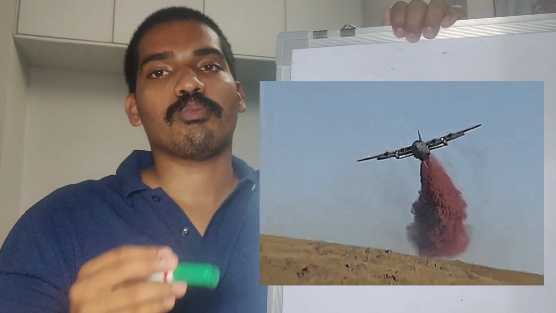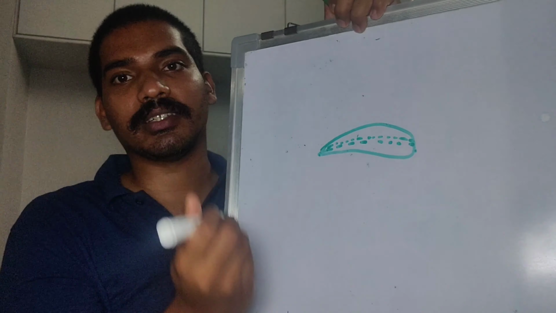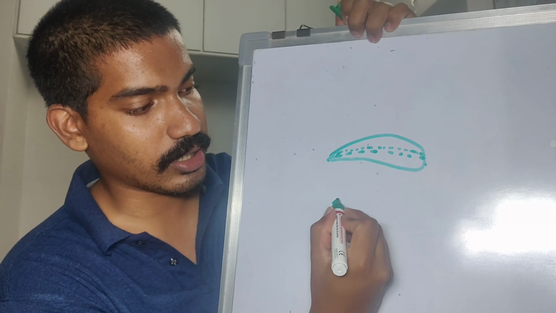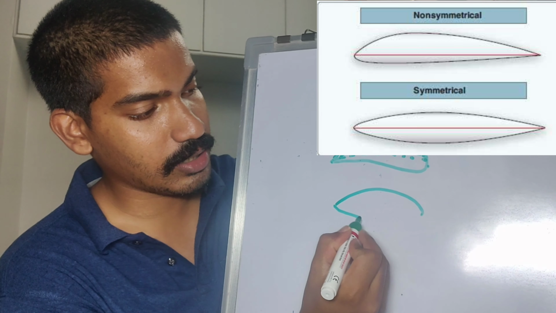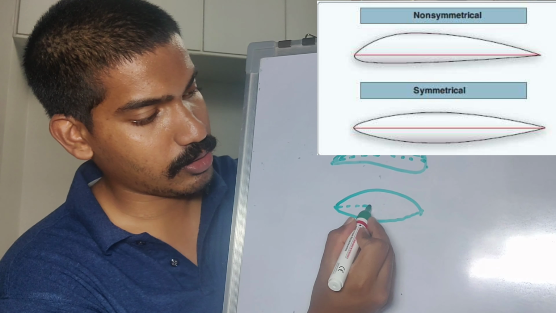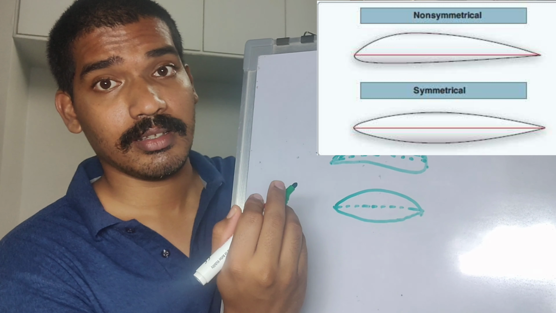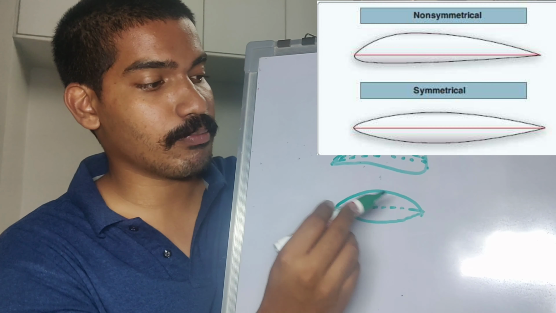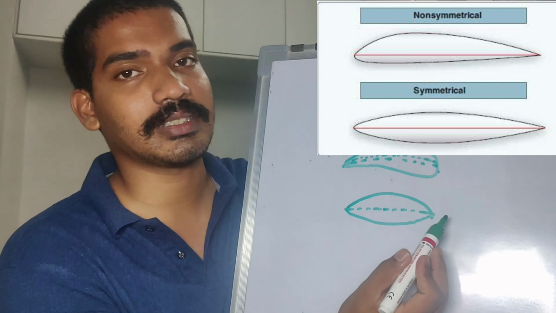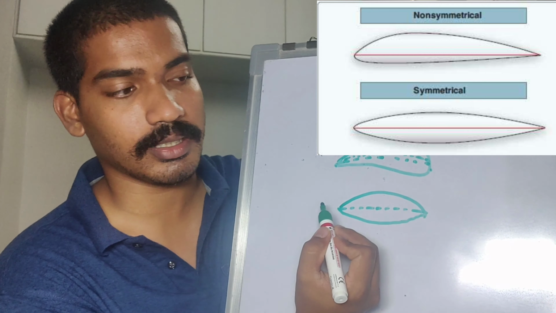All right, now basically in case of an aerofoil, there are two kinds. All right, one is symmetrical. All right, so you will see that the camber and the mean camber line and the chord both are the same. It coincides with each other. All right.